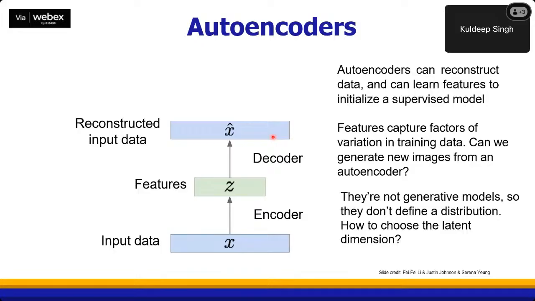Can we generate new images from an autoencoder? Basically, these autoencoders are not generative models. They do not define any density distribution, any probability distribution. So that's the problem with autoencoders.